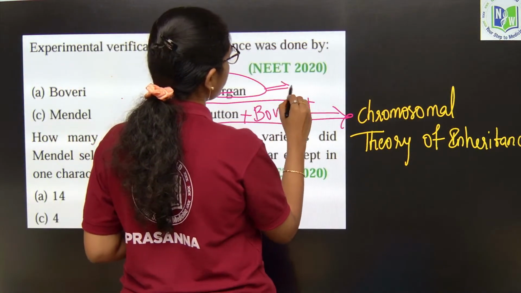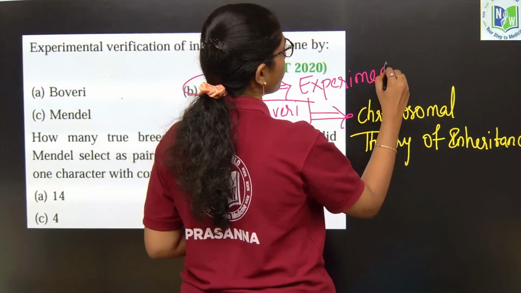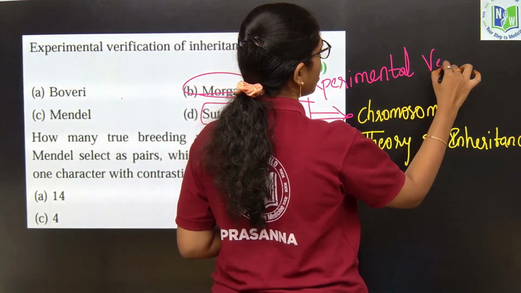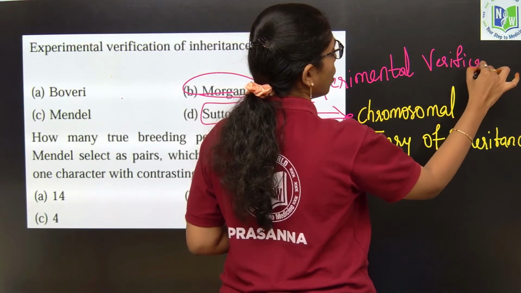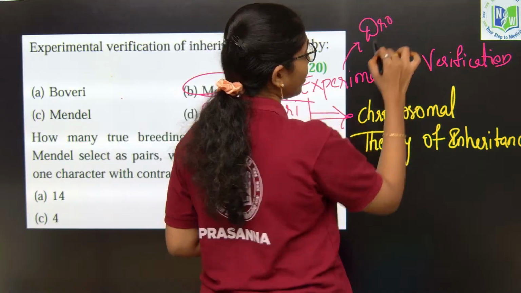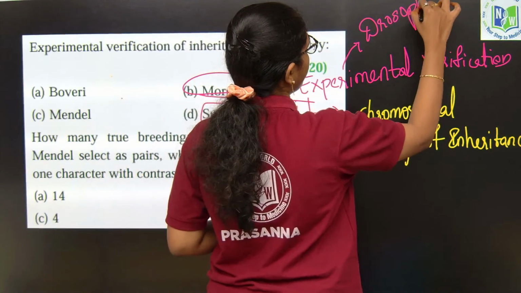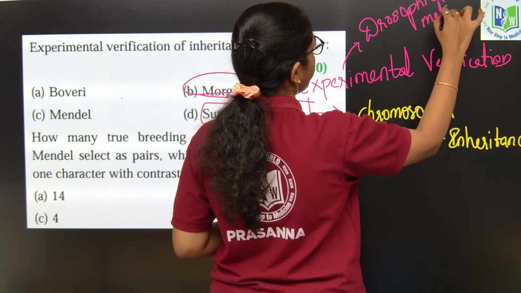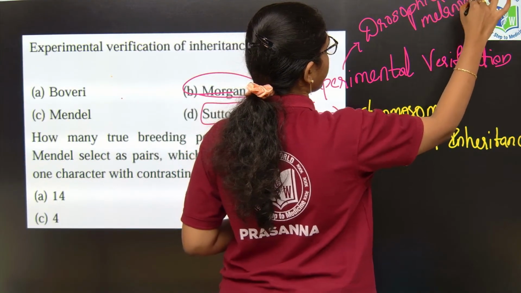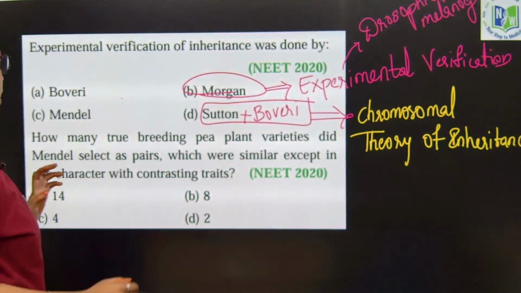Thomas Hunt Morgan gave us the experimental verification, where the model organism is Drosophila melanogaster, that is fruit fly. Fine, right? So, here option B will be the right answer.